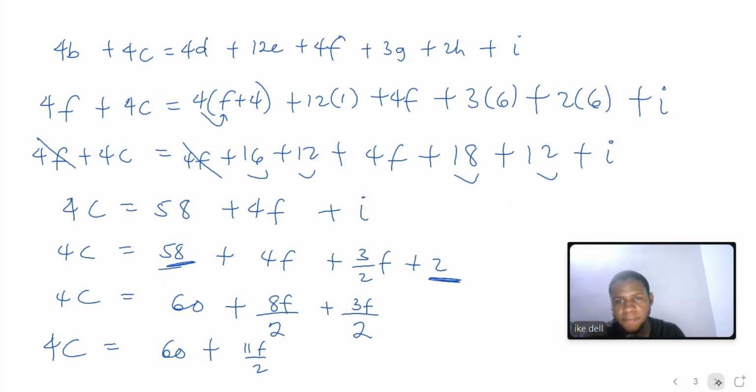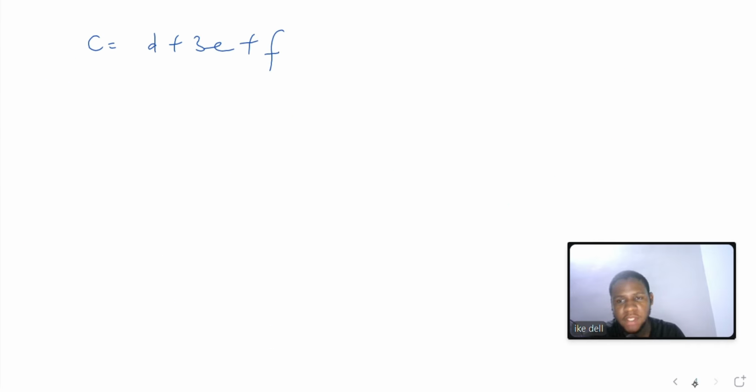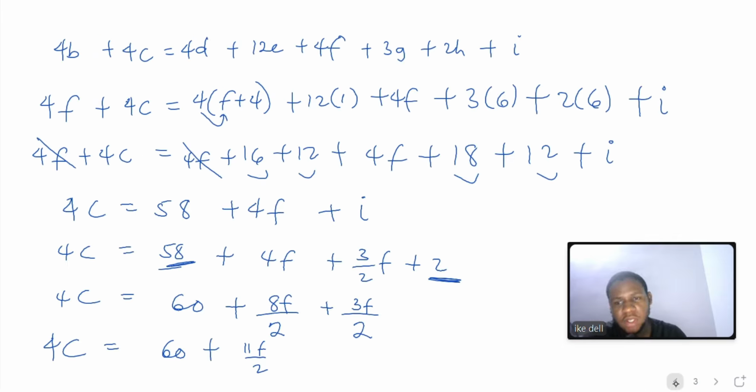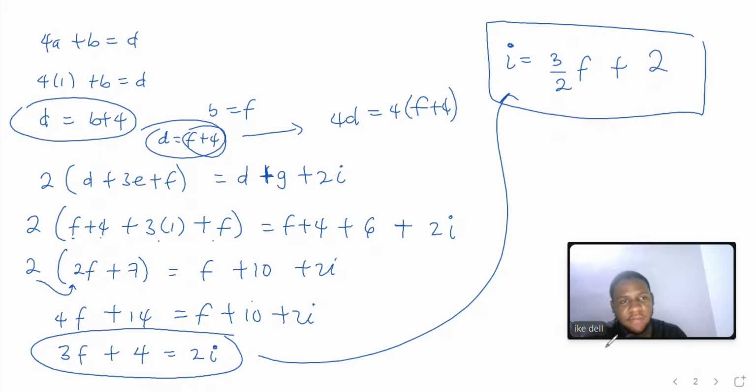Okay, and it means that 4C would be 4D plus 4 times 3, 12E plus 4F. So 4C is actually 4D. Now what's the relationship between that D and F?